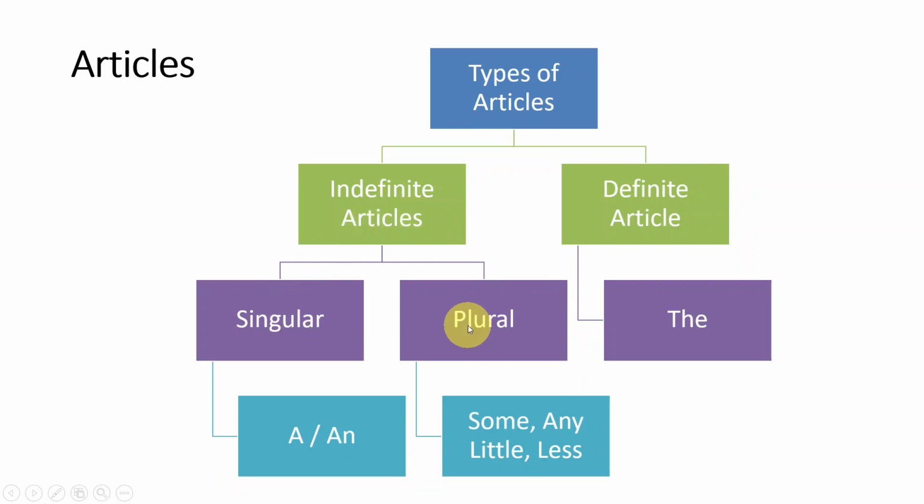Indefinite articles we can subdivide again into singular and plural. A or an is the singular indefinite article, whereas there are a set of indefinite plural articles like some, any, little, less. We must know when to use the, when to use little, and when to use less. We will be discussing those things under articles.